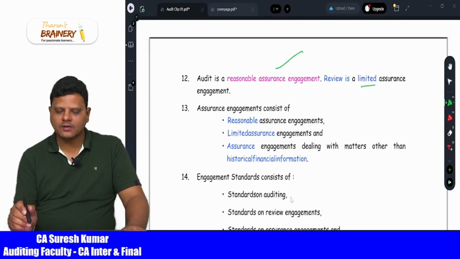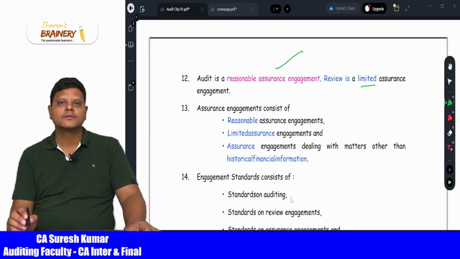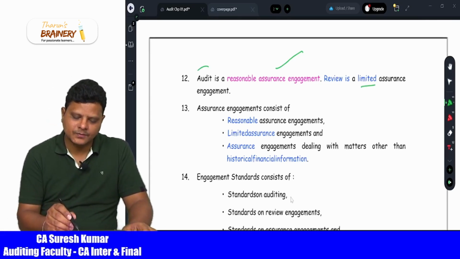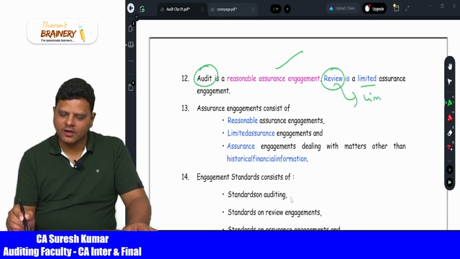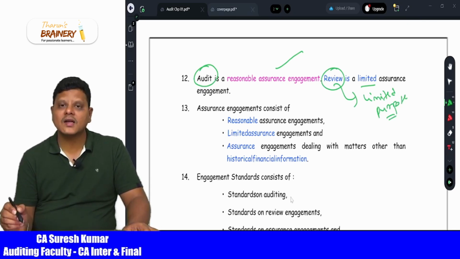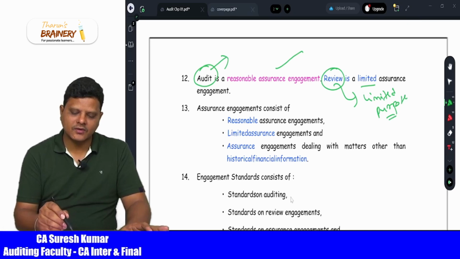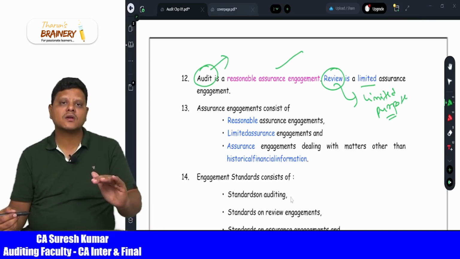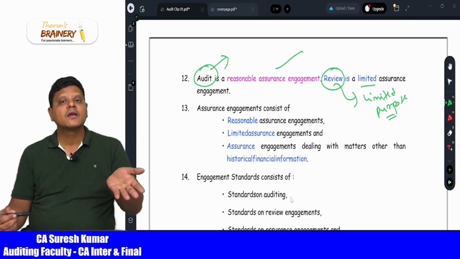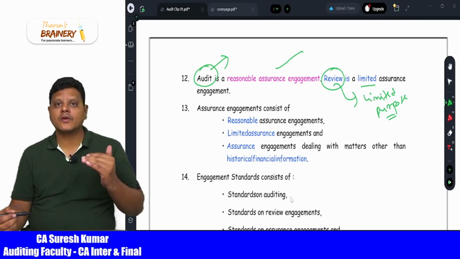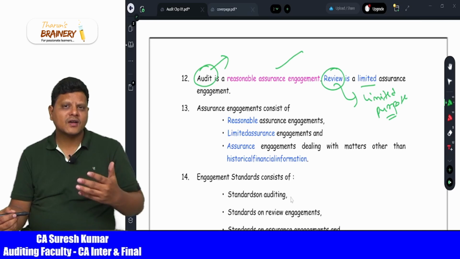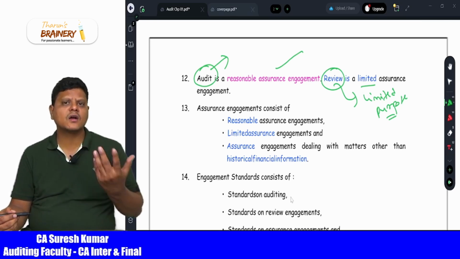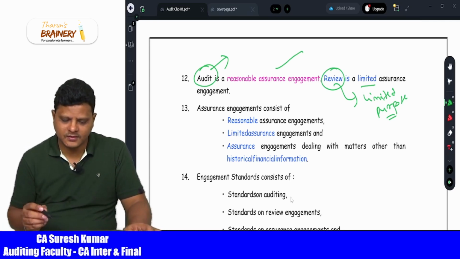Review is a limited assurance engagement. So audit is different from the review. So now they have given differentiation. Audit, review. Review means it is only for review of financial statements for limited purpose. Audit means, as we have seen, systematic and independent examination of financial information of an entity, irrespective of whether the entity is profit oriented or not, irrespective of its size, in order to express the opinion on financial statements.